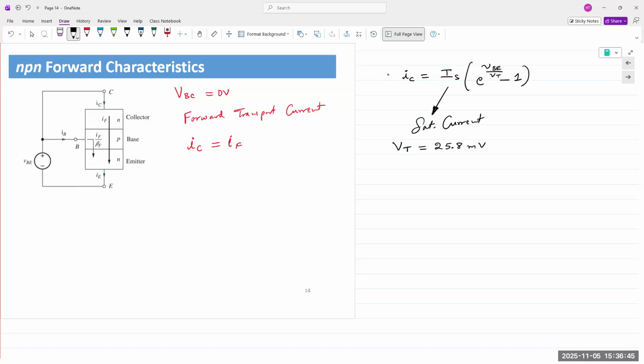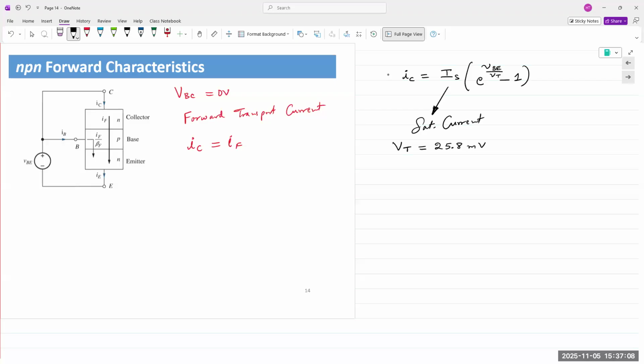From the same equation, we can derive an expression for the base current, IB. We know the relationship between IC and IB: the ratio of IC to IB is beta. So IC is equal to beta times IB. We can reverse that, and IB is equal to IC over beta.